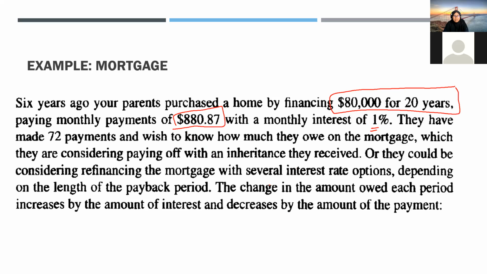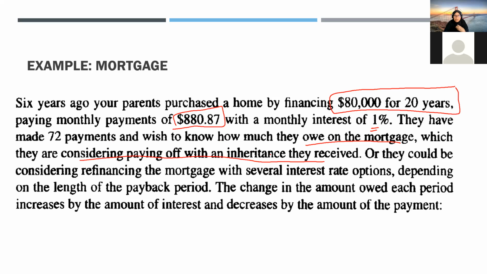They have made 72 payments and wish to know how much they owe on the mortgage. So, dia nak tahu, dia dah buat 72 kali pembayaran dan dia nak tahu berapa yang dia berhutang. Sebab they are considering paying off with inheritance.